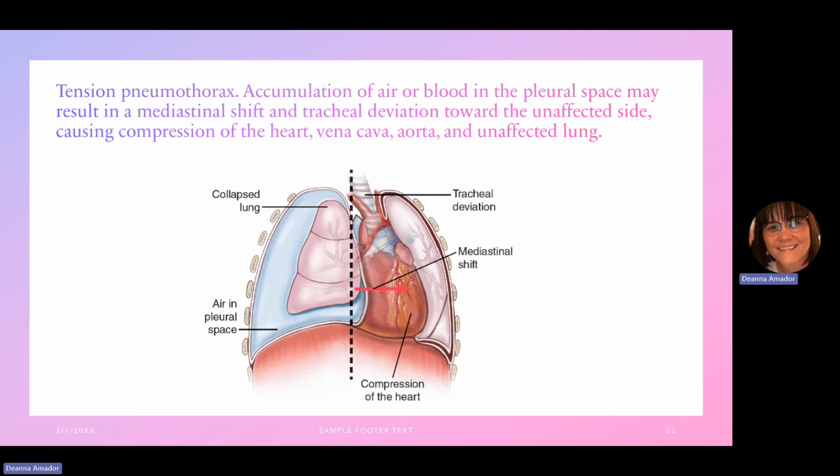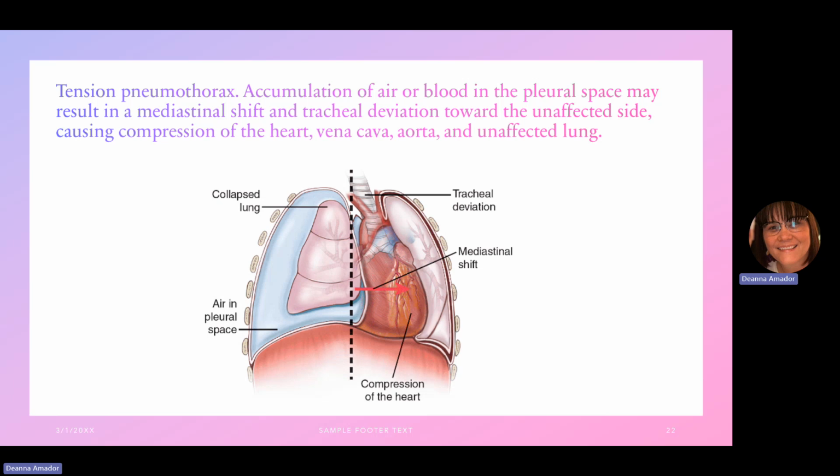That tracheal deviation toward the unaffected side is a hallmark sign of tension pneumothorax. It's life-threatening, like I said, because it's impeding the heart, and you're having reduced cardiac output because of that.